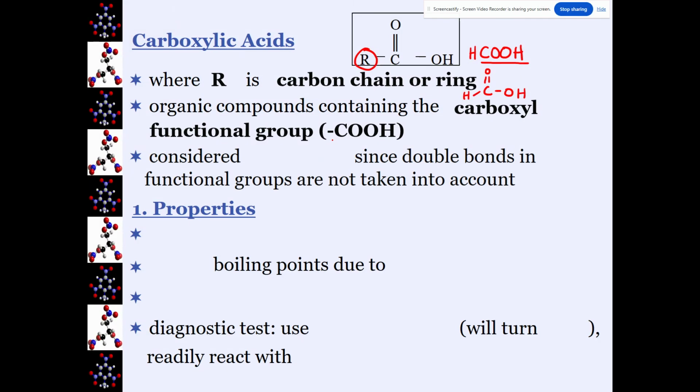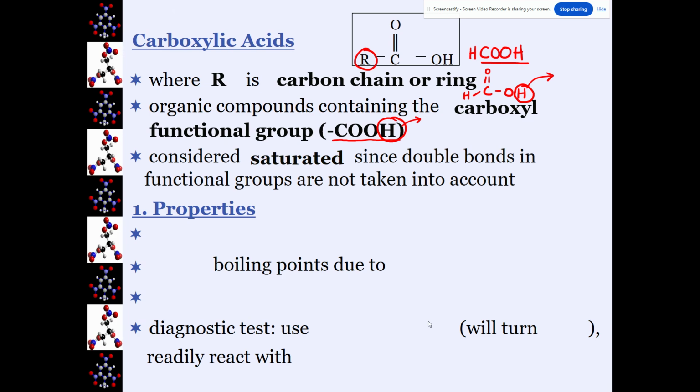So in your formula, when you see COOH, that is a carboxylic acid, also known as an organic acid. This hydrogen here is the donatable hydrogen when it's reacting in water or wherever it's donating its hydrogen.